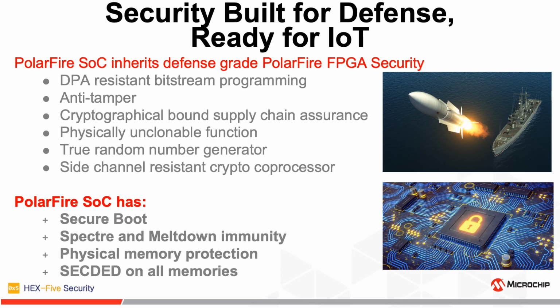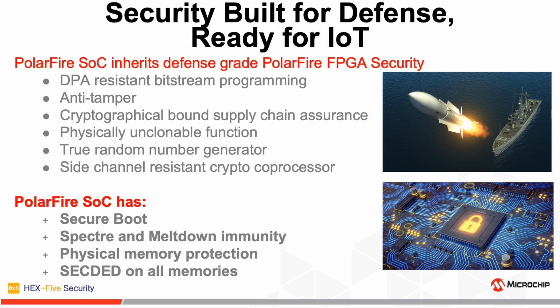We have anti-tamper detectors: voltage, clock, active mesh, temperature. We can offer a cryptographically bound supply chain assurance. We actually embed into our chip an X.509 certificate that is signed by our HSMs. HSM is a hardware security module, which we use during wafer manufacturing and package test.